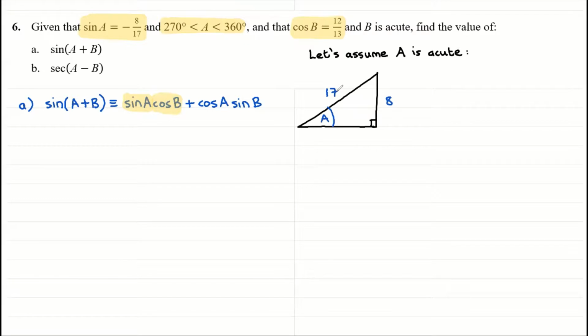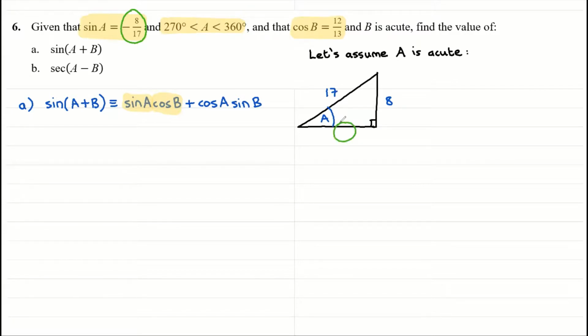And if you wonder where I'm getting this from, I'm just reading off from here. So you can ignore the negative. Forget about that. There's no such thing as an acute angle which has a negative sine value or a negative cosine value or a negative tan value. It just doesn't happen.